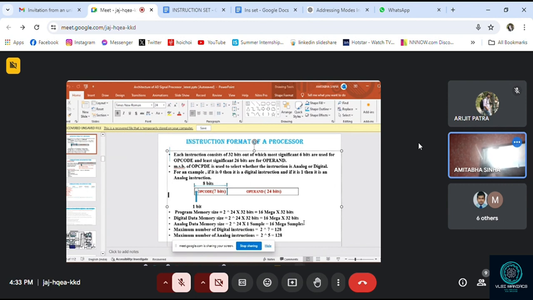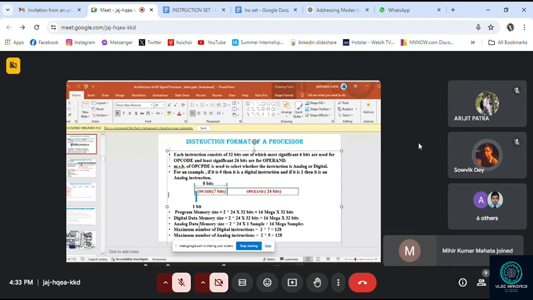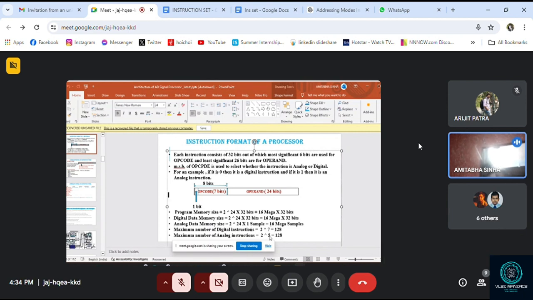Now, since there is an 8-bit opcode, 1 bit is kept for what? To identify analog or digital. So how many bits are left? 7 bits. Maximum digital instructions will be 2 to the power 7, and maximum analog instructions will be 2 to the power 7.